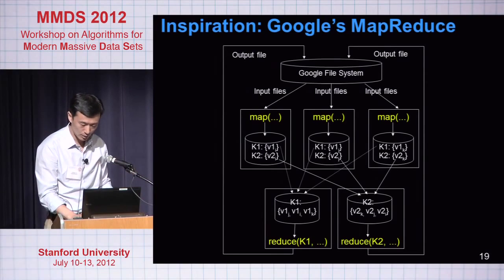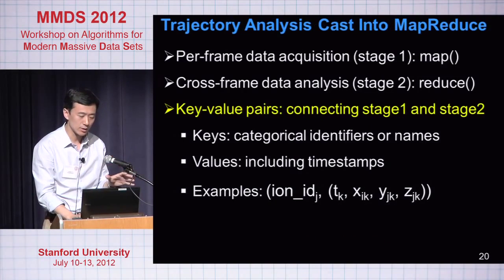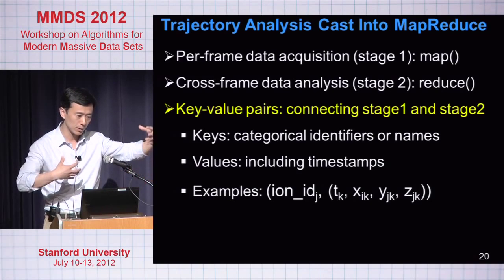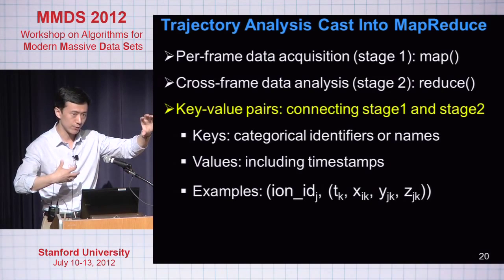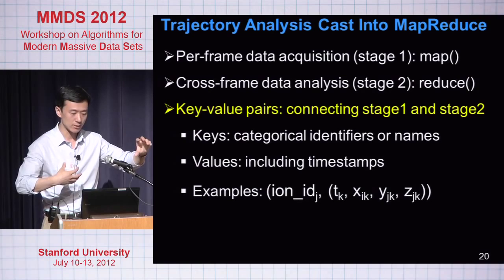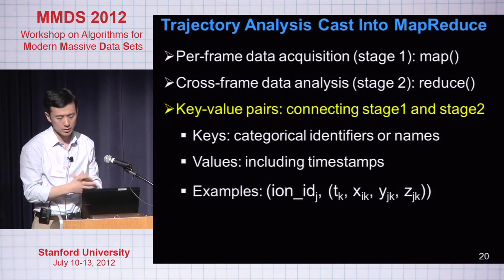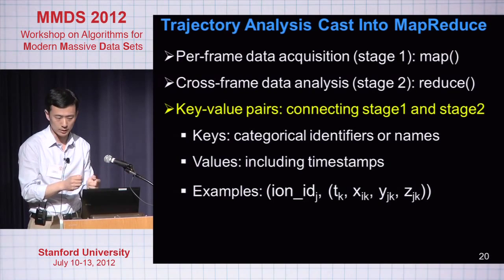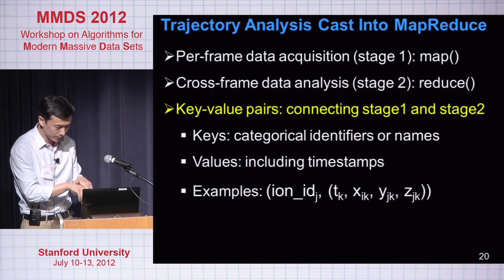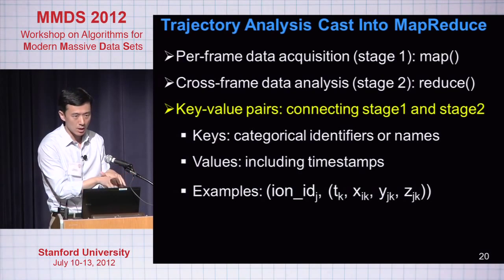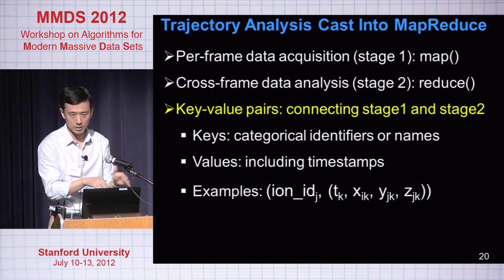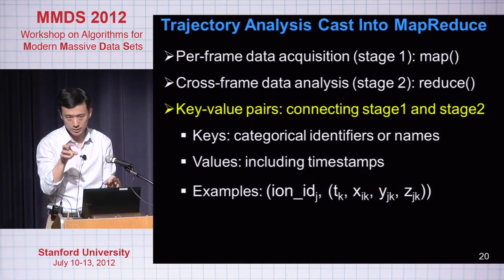And the key insight here is how we bridge the gap between the per-frame data acquisition phase and the cross-frame data analysis phase. The way we deal with it is to make use of the key-value pair in a somewhat unconventional way. You can think of keys as a categorical name to identify the data set of interest.